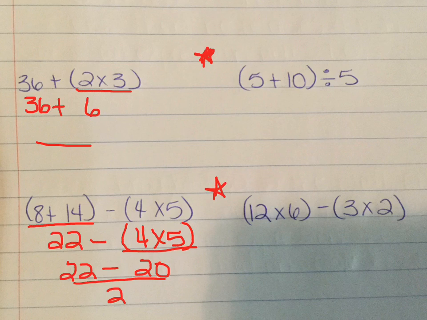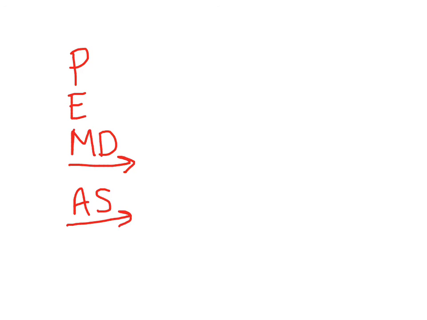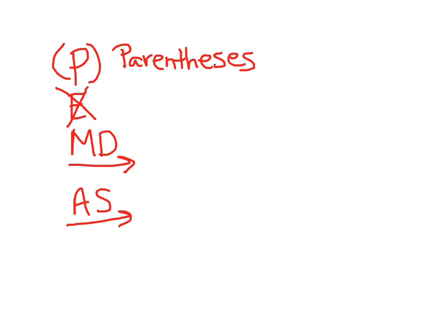Okay, the one thing you need to remember in PEMDAS is that multiplication and division always go first after parentheses. Parentheses, no exponents. So, parentheses. Multiply and divide from left to right.